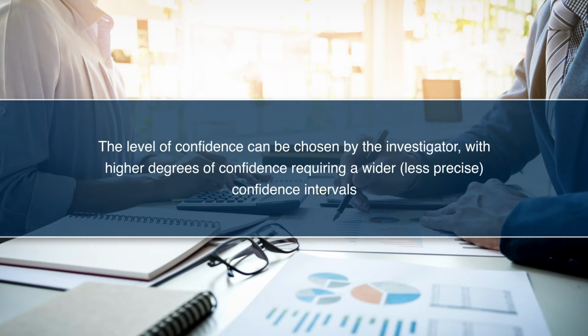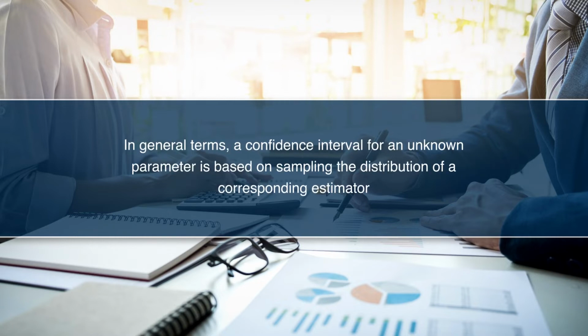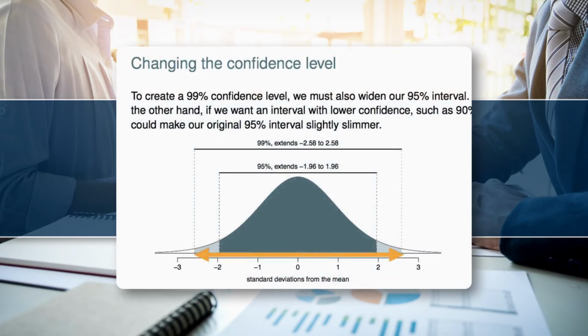The level of confidence can be chosen by the investigator, with a high degree of confidence requiring wider, less precise confidence intervals. In general terms, a confidence interval for an unknown parameter is based on sampling the distribution of a corresponding estimator. So, changing the confidence level to create a 99% confidence level, we must also widen our 95% interval.